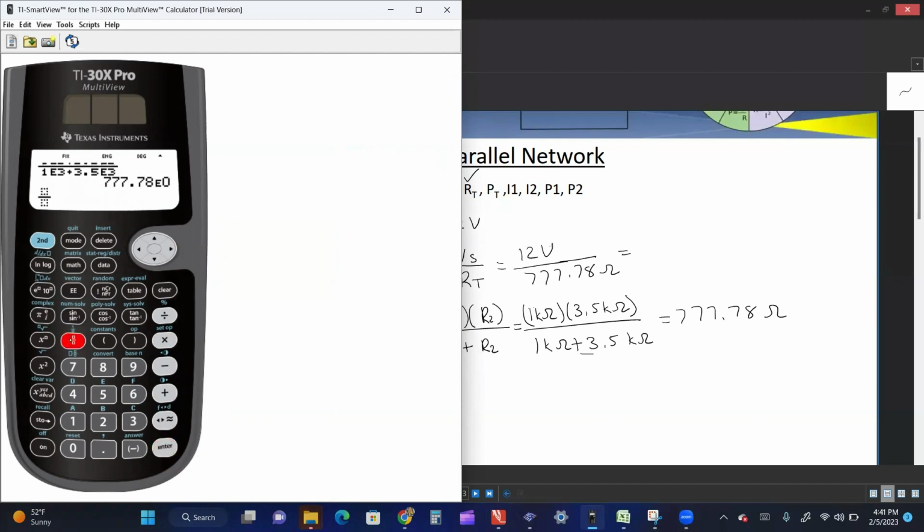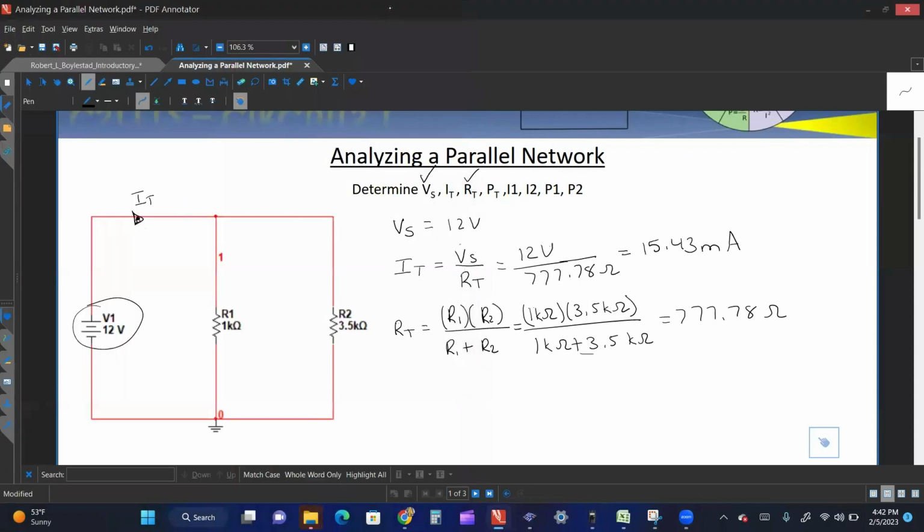And we get 12 divided by 777.78. And what we get is 15.43 milliamps. All right, so we found I total.